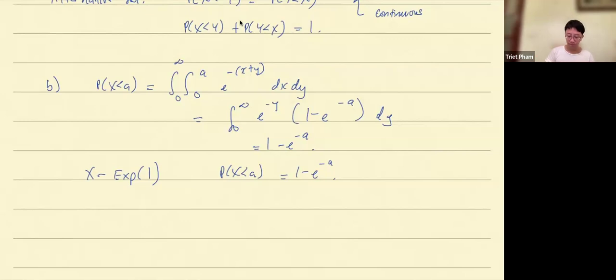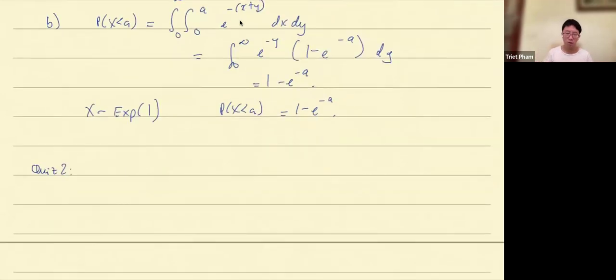All right. So let's do a second question. The second question has to do with how to recognize independent random variables, or to be careful with some cases.